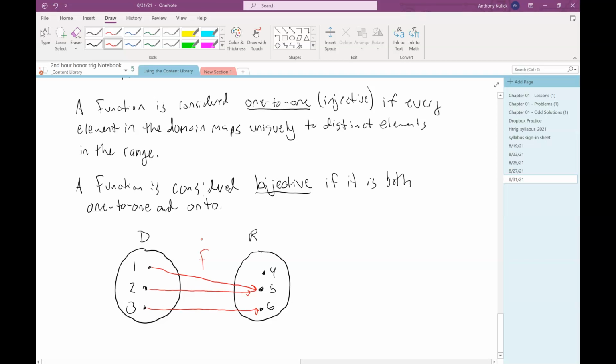Is this function onto? No, why not? We have some elements in the range that we didn't use, right? So because we have a range element that wasn't used, we can say that this function is not onto. Everybody feel okay with that?